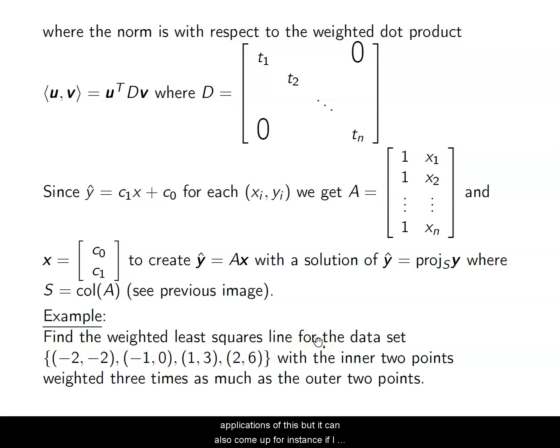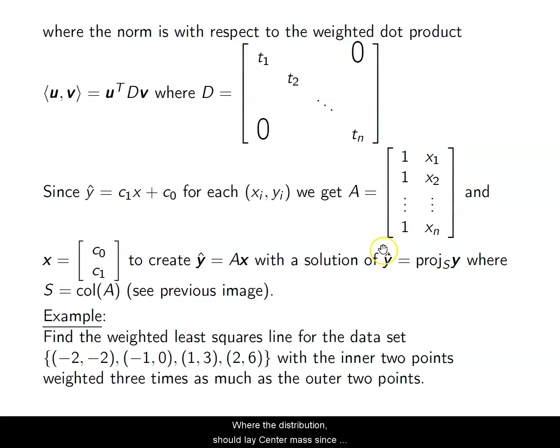There's many applications of this, but it can also come up, for instance, if me personally, I have definitely done this when I'm trying to find a mean value of a grade distribution. Maybe I plot a whole class's final grade versus their homework grade, for instance, and I'll have a whole bunch of values, and the least squares line gives me basically the projection of where the class did on average.